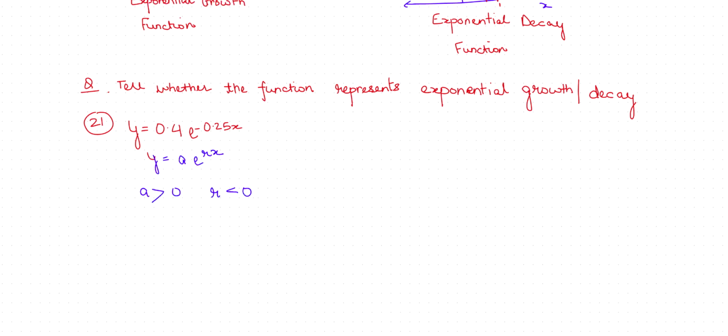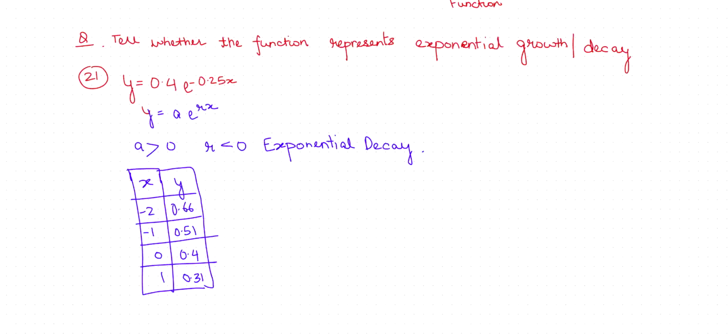So this will be an exponential decay function. Let's make a table and see the values. We can see that as x increases, here -2, -1, 0, and 1, y is decreasing. It means that it is an exponential decay.